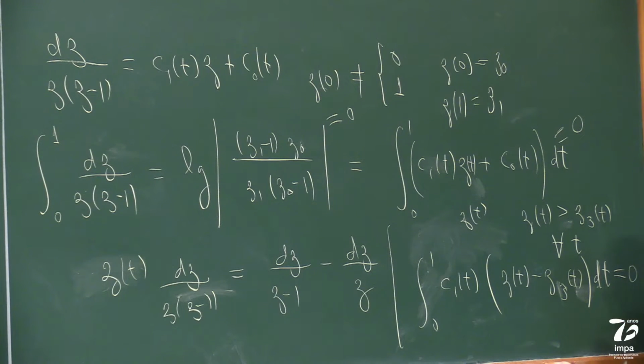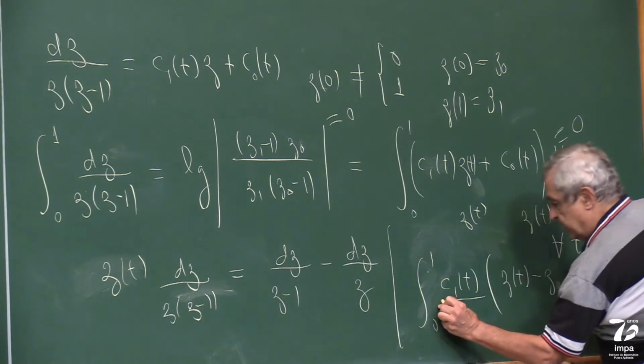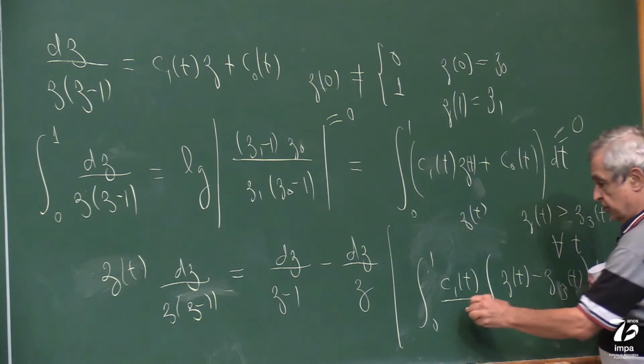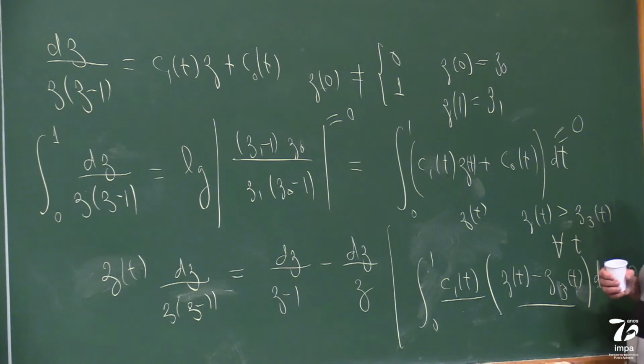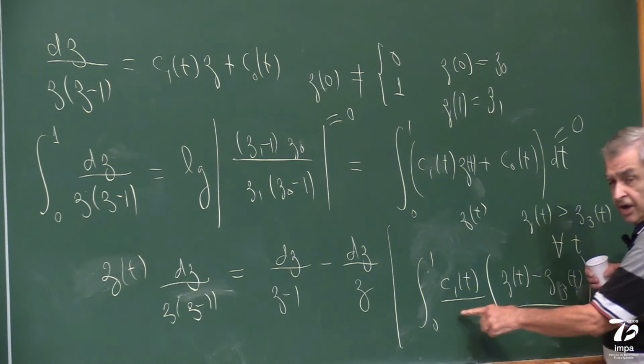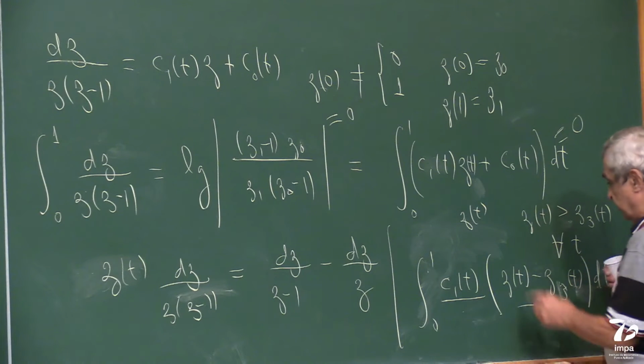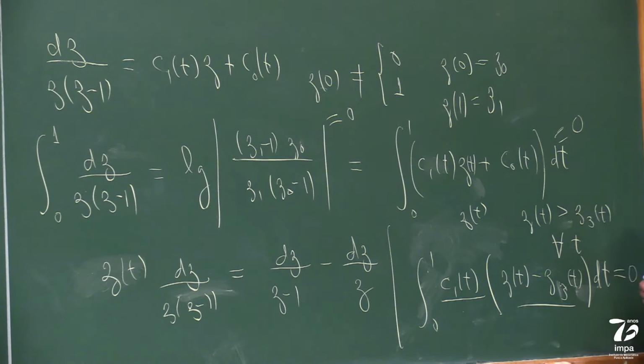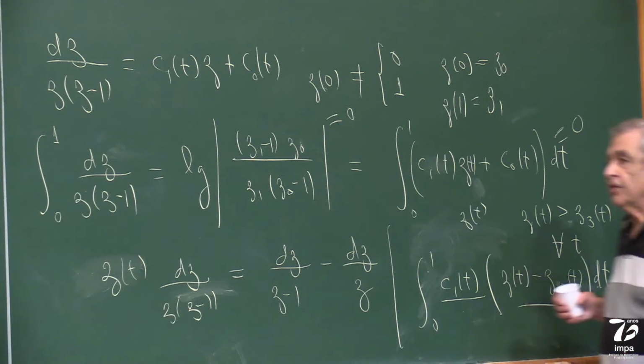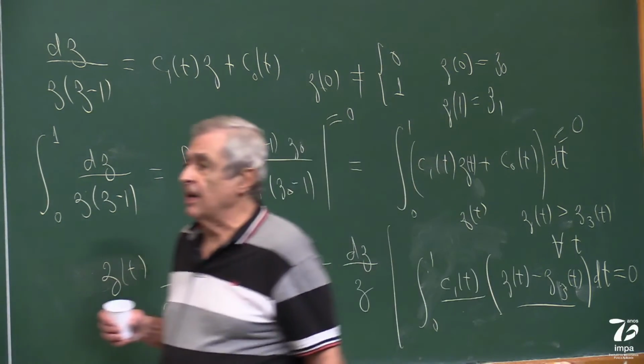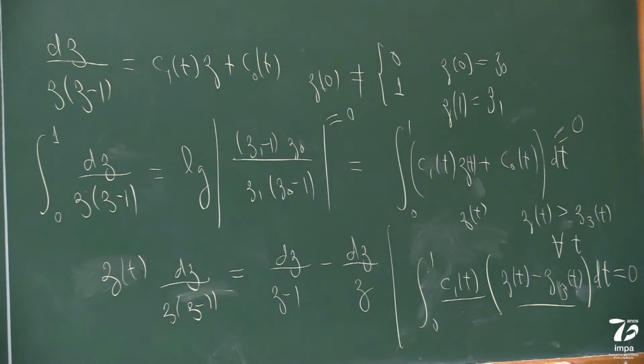But this is greater than or equal to 0, and this is greater than 0, and this is not identically 0. So this integral cannot be 0, so you have at most 3 closed solutions.